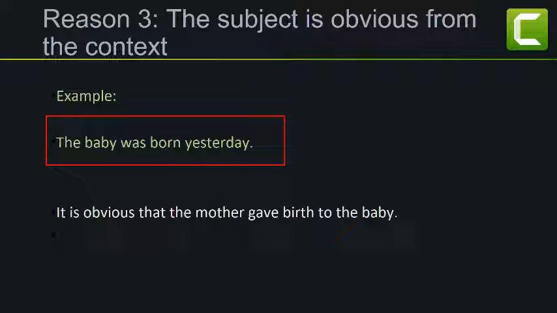And we don't need to say that yesterday the mother gave birth to the baby. The baby was born yesterday, or I was born in 1976. So these are main reasons why we use passive voice.